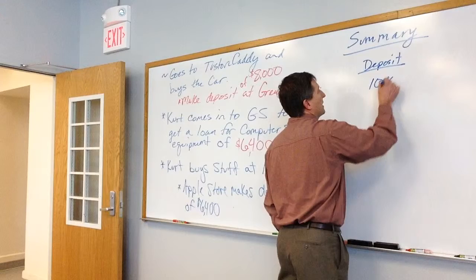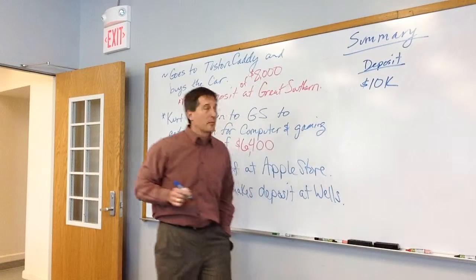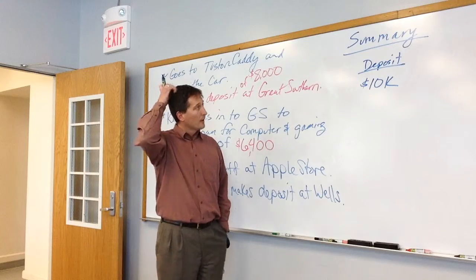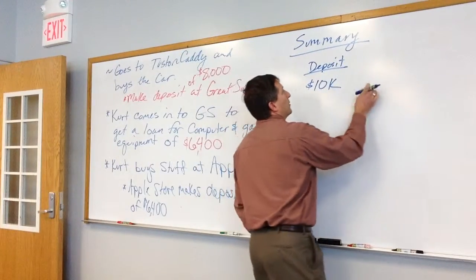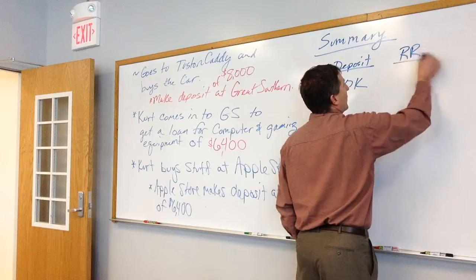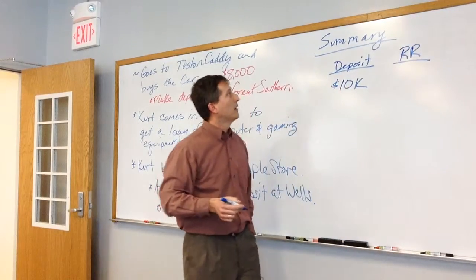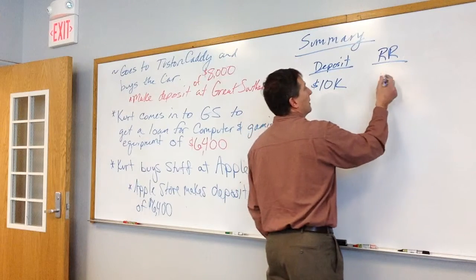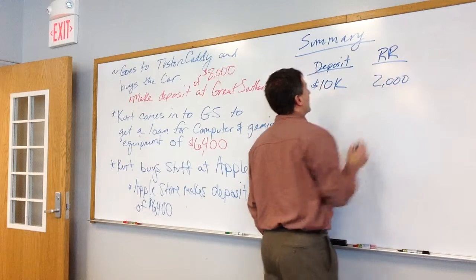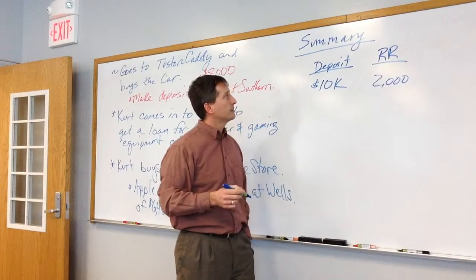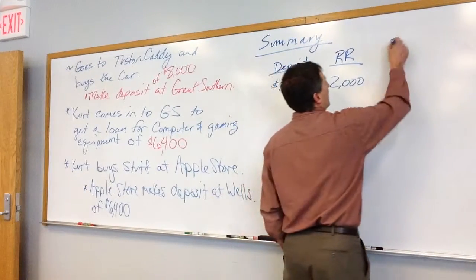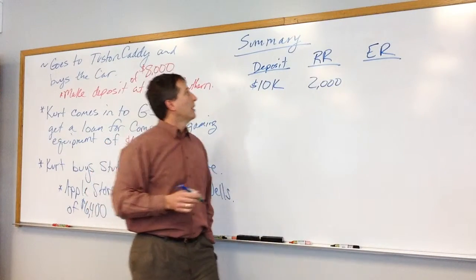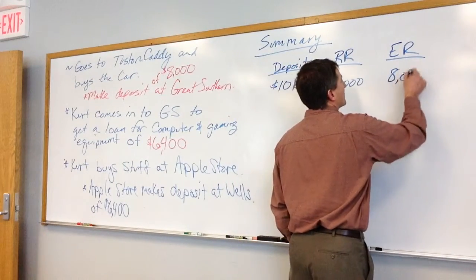So we had a $10,000 deposit from Brandon into Patriots. Patriots had required reserves of 20%, so they had 2,000 that they had to hold back, giving them excess reserves of 8,000.